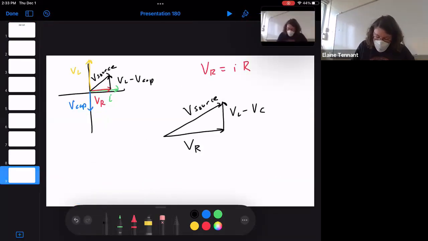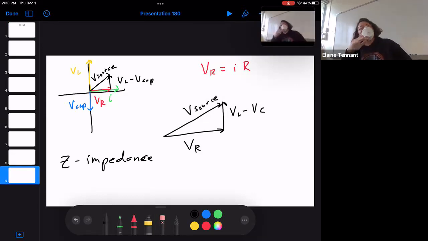I'm going to say Z. We're going to call that impedance. And we're once again inventing a new name because we want to include reactances and resistances. And since they're all different mechanisms, we're just going to call it this overall word impedance, where impedance impedes current, however it manages to do that.